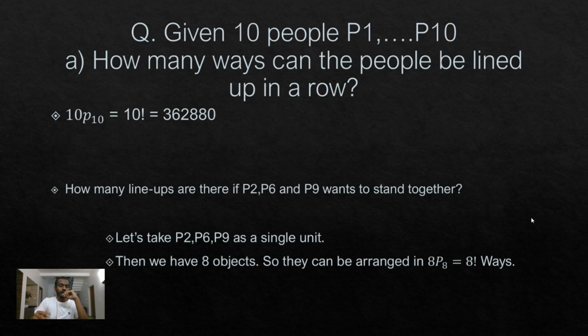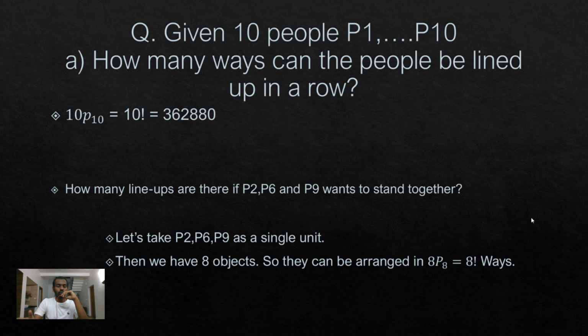So let's look at an example so that this concept is clearer to us. The given is 10 people, named P1 to P10. The question is, how many ways can the people be lined up in a row? So we are using all 10 people. We're selecting all 10 people from a set that contains 10 people.